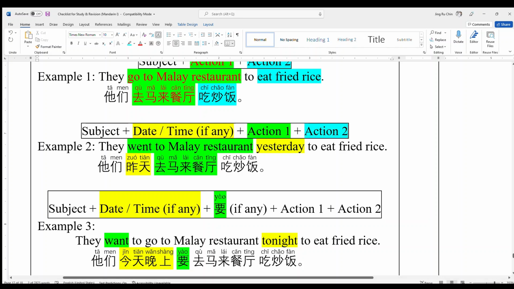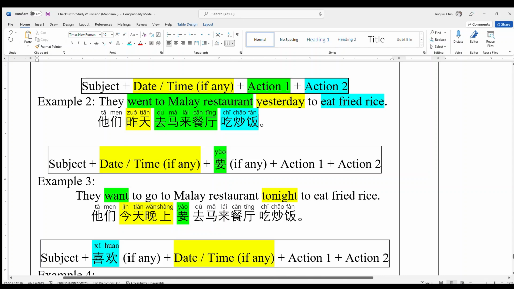It's the same structure, same rule applied here. So let us try to read this whole sentence again. 他们昨天去马来餐厅吃炒饭。Okay?